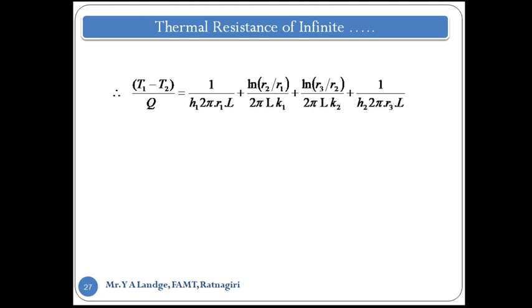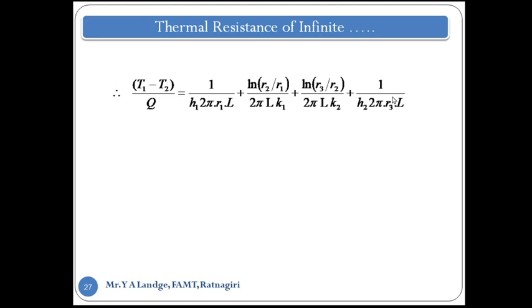It is T1 minus T2, the overall temperature, the inner temperature of the fluid and the outer temperature of the fluid, upon Q, because this is a steady state, equals 1 upon H1 2 pi R1 L, the convection part, plus ln of R2 by R1 upon 2 pi L K1, the conduction part, plus ln of R3 by R2 upon 2 pi L K2, the conduction part, and similarly 1 upon H2 2 pi R3 L, the convection part.